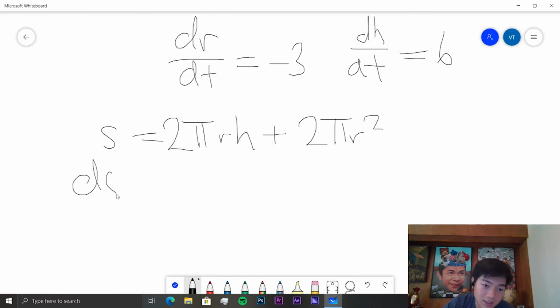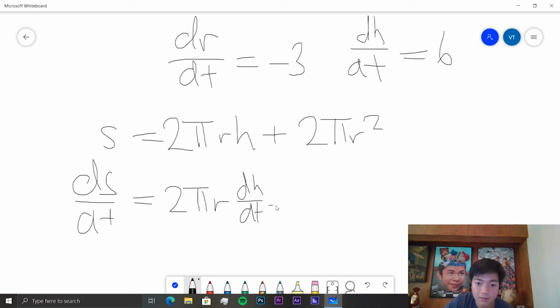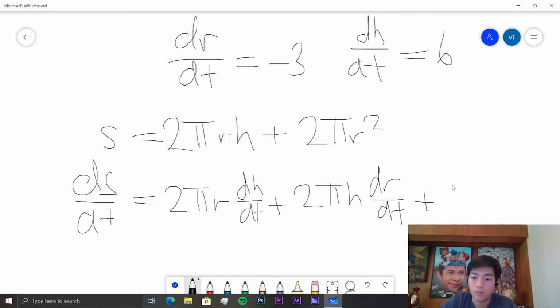So we have dS over dt is equal to 2 pi r times dh over dt plus 2 pi h times dr over dt plus 4 pi r times dr over dt.